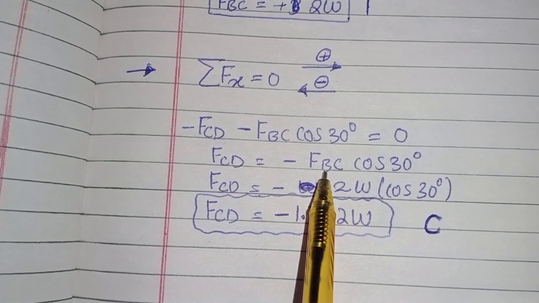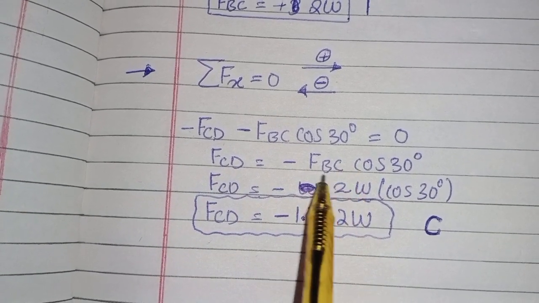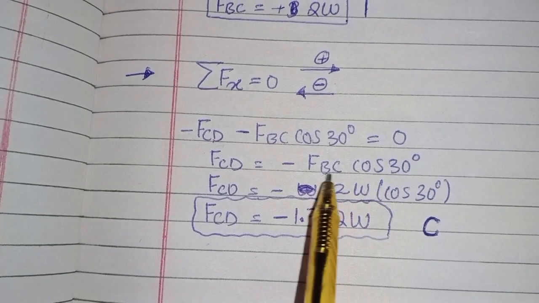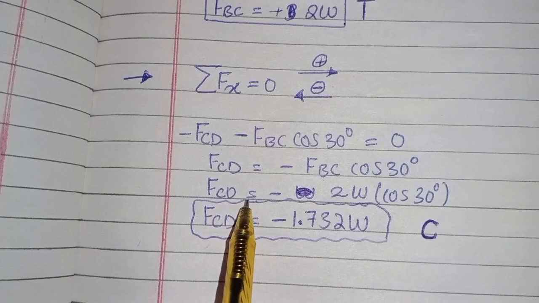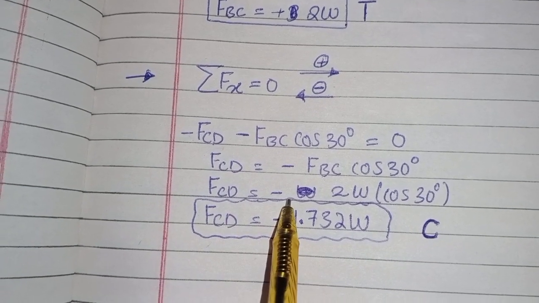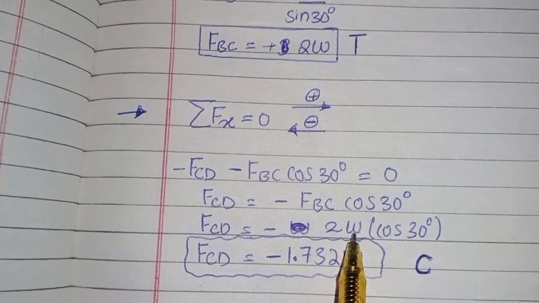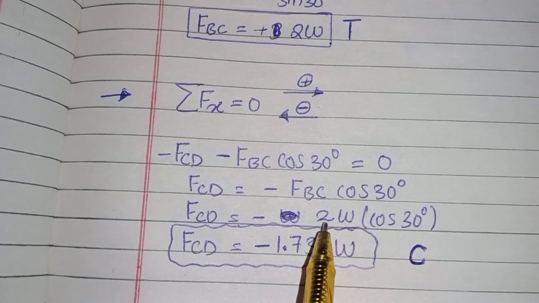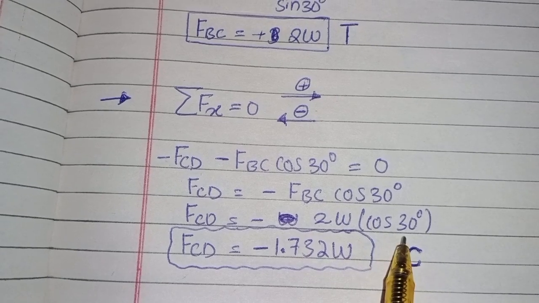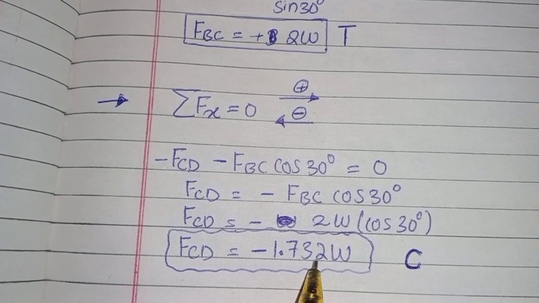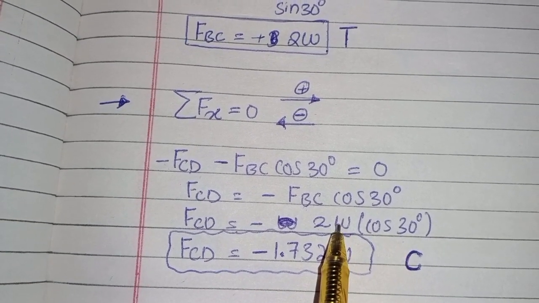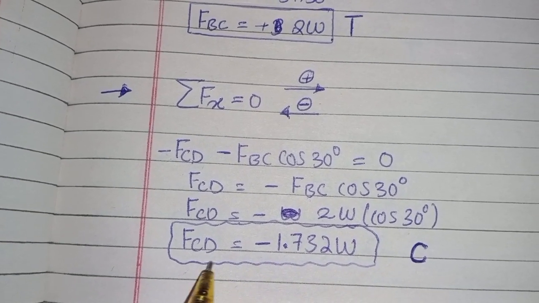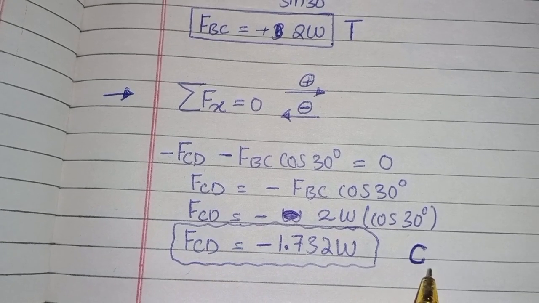FCD equals negative FBC cos 30 degree, because FBC is known to us. FBC is equal to 2W, so it is 2W cos 30 degree. If you calculate 2 into cos 30 degree, it will come 1.732W. The negative sign shows that my assumption was wrong. This force in member CD is a compressive force.